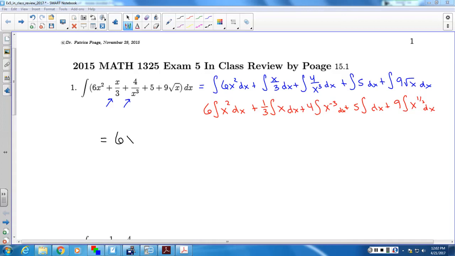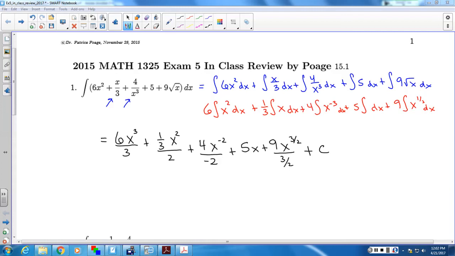I'll have 6x to the 2 plus 1, which is 3, divided by 3, plus 1/3 x squared divided by 2, plus 4x to the negative 2, if I add 1 to that, divided by negative 2, plus 5x to the 1 divided by 1, plus 9x to the 3/2 divided by 3/2, plus c.